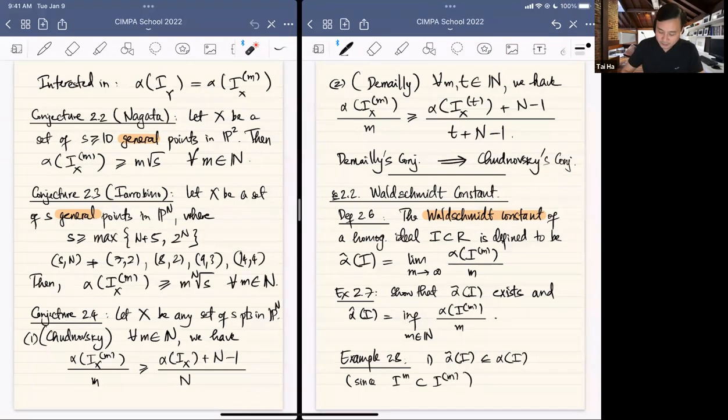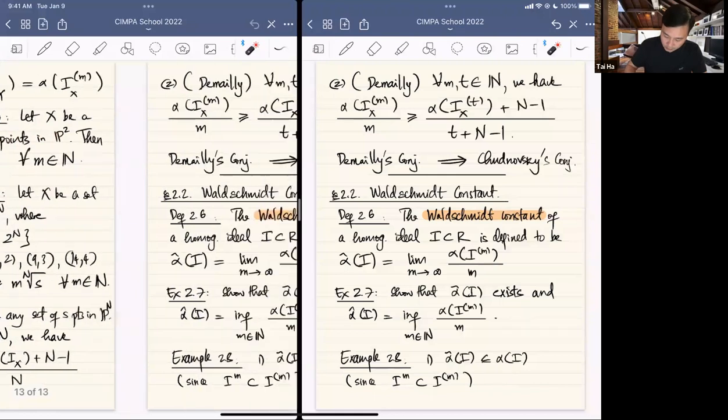So instead of having I to the m here, because of this containment, it implies that the initial degree of this guy is at least the initial degree here. So the initial degree here is at most the initial degree here, which is m times the initial degree of I. So when you divide by m, you get rid of that m, and what you have left is the initial degree of I. Okay?